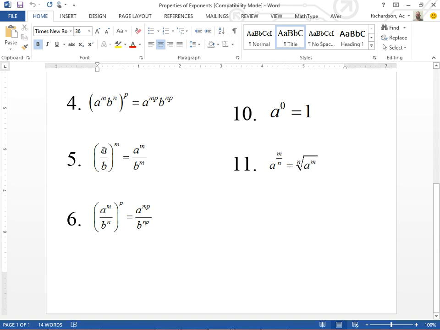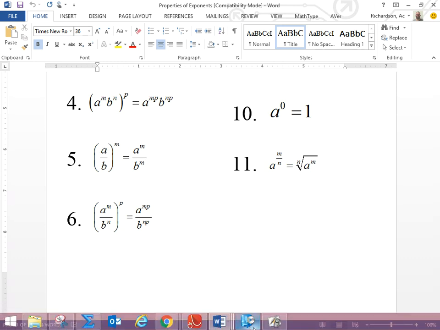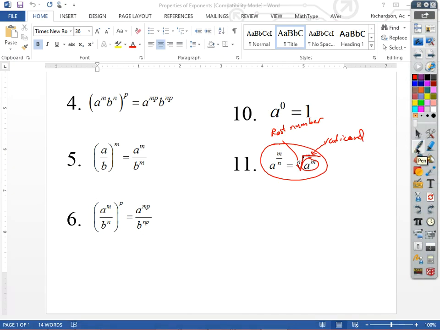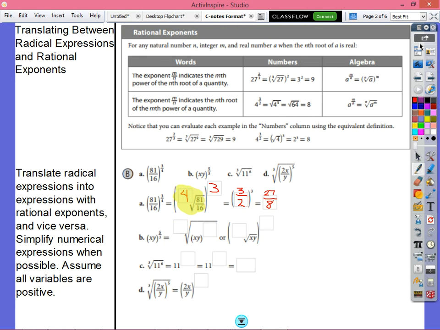In the last step, we had 3 over 2 to the 3rd power, which meant we needed to do 3 to the 3rd power over 2 to the 3rd power, and that gave us 27 over 8. All right, next one.